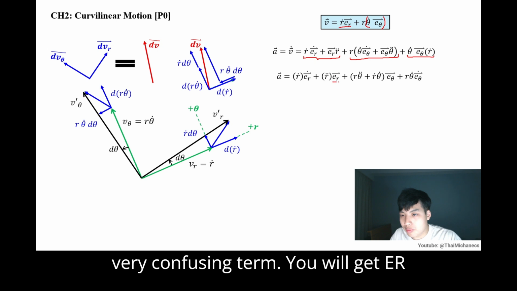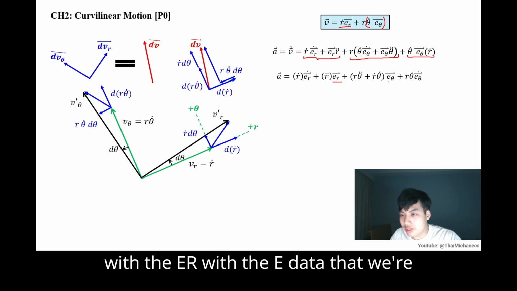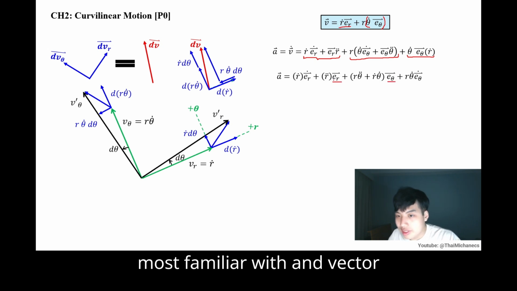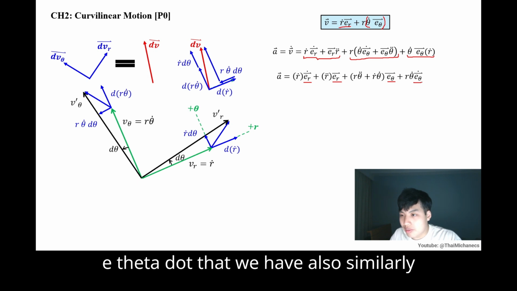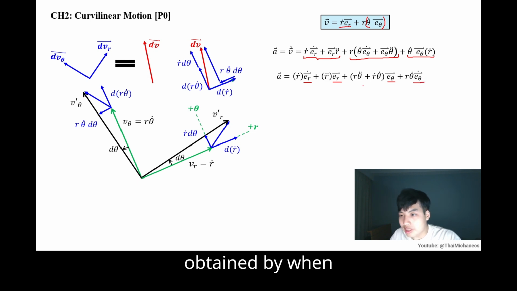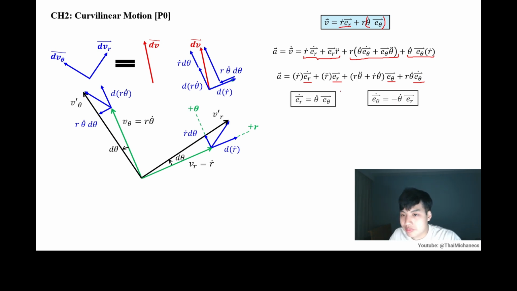You will get vector e r and vector e theta that we are most familiar with, and vector e r dot that we derived before, and this vector e theta dot that we similarly obtained when we derived the velocity vector.